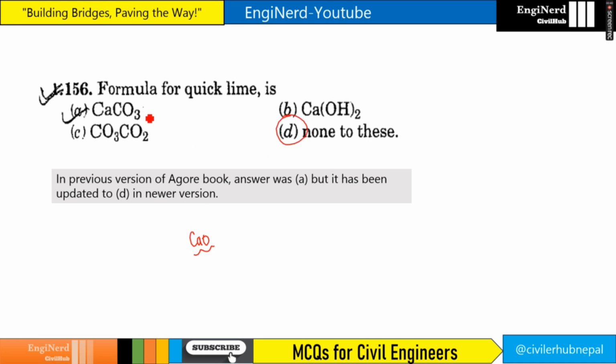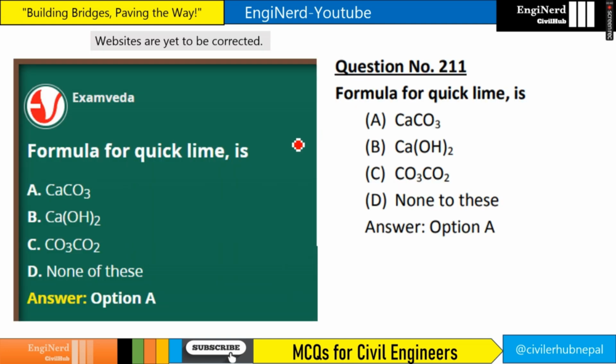Previously the answer was given as CaCO3, but now the answer has been updated in the newer version of the book, and the answer now is option number D. So websites are yet to be corrected. These websites are still giving the answer as CaCO3, but the correct answer is none of these.